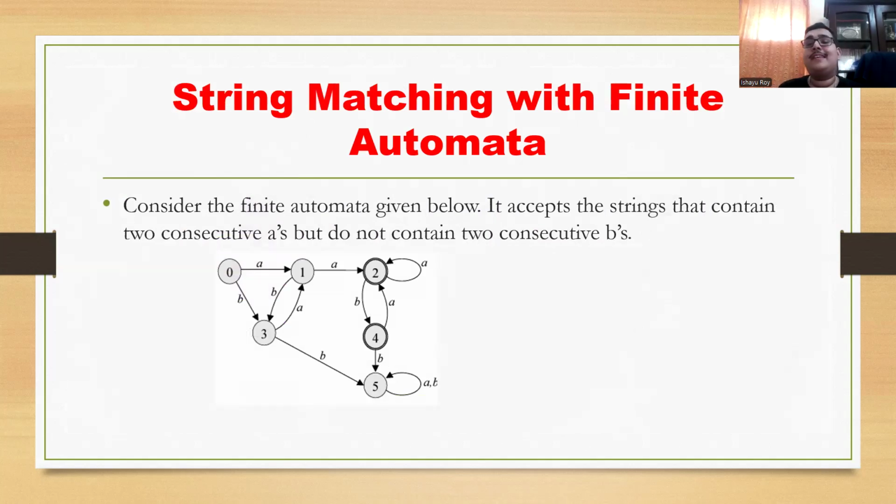Now having a basic idea about how search engines work, it's time that we understand where finite automata are being embedded in the search engines. The first application of finite automata is string matching. What is exactly string matching? It's nothing but comparing a string and deciding whether it follows a specific pattern or not.